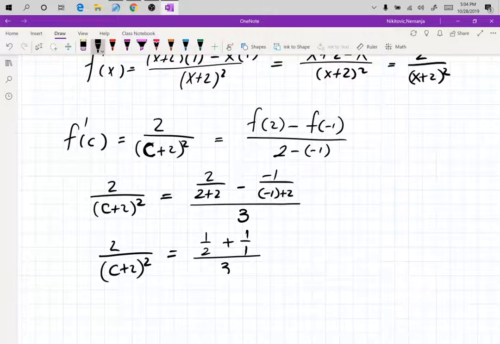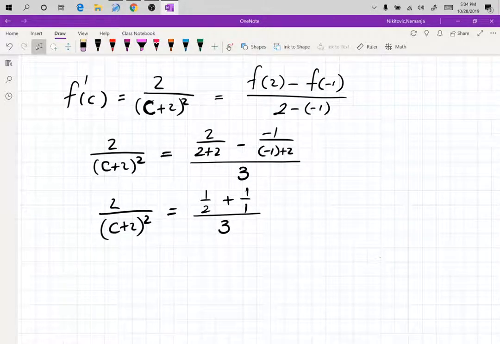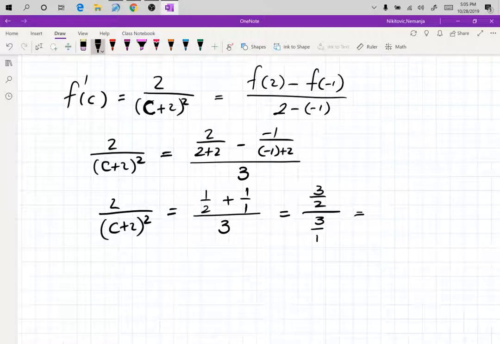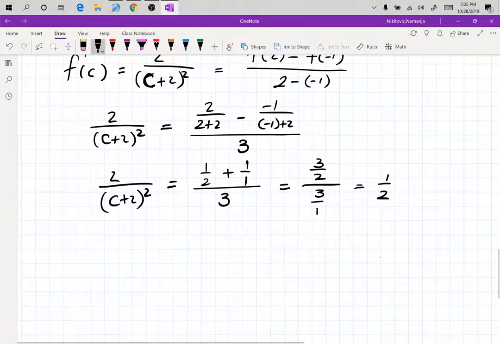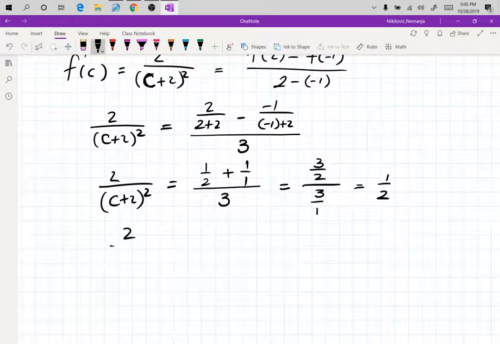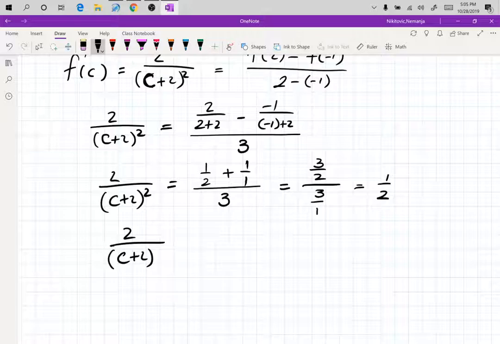Divided by 3. So how much is that? That's 3/2 divided by 3 is 1/2. So the whole thing becomes a half. Great. So I have 2 over c plus 2 squared is equal to a half.